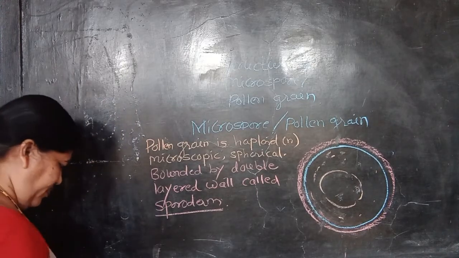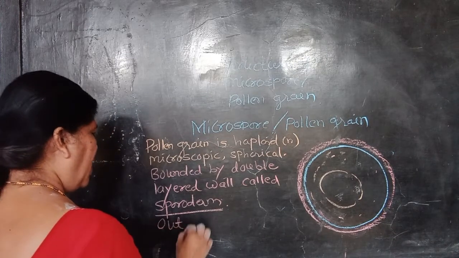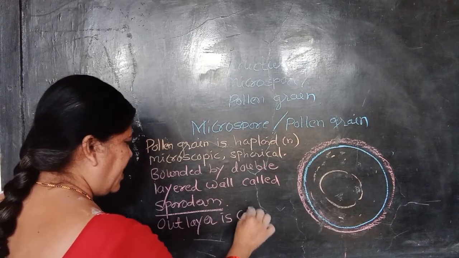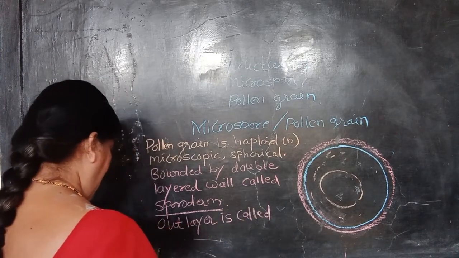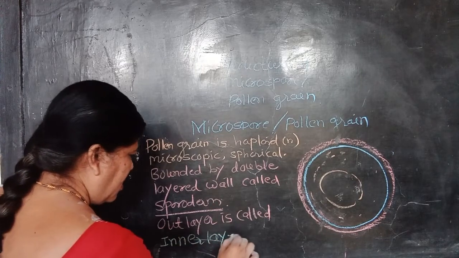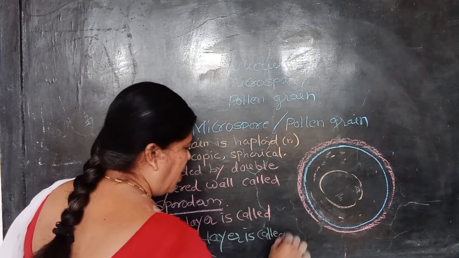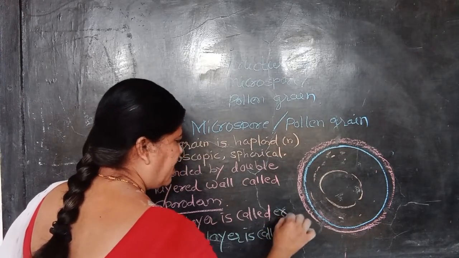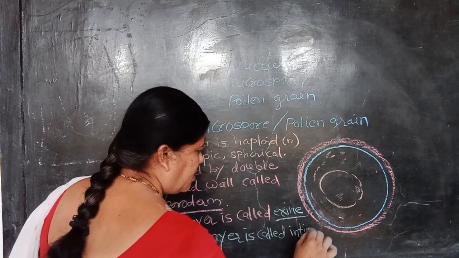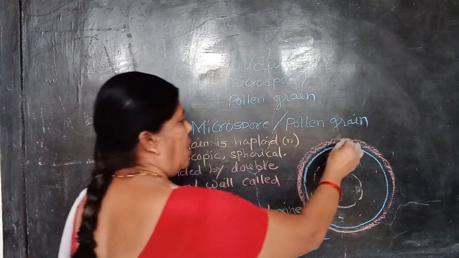So the outer layer of this wall is called exine, and the inner layer is called intine. So we will label this diagram.